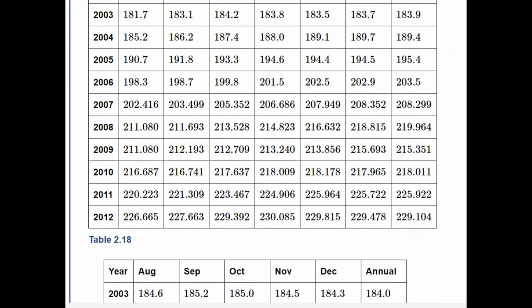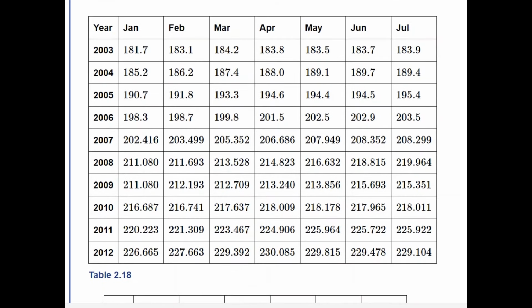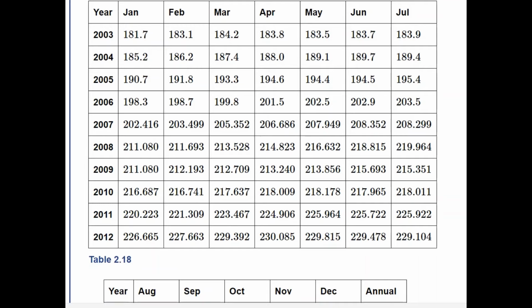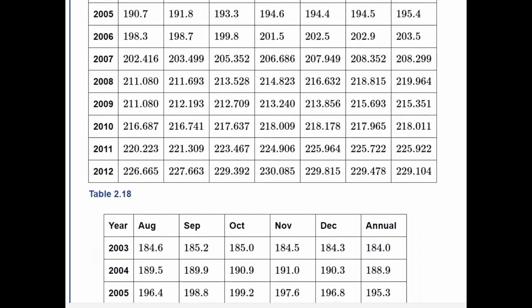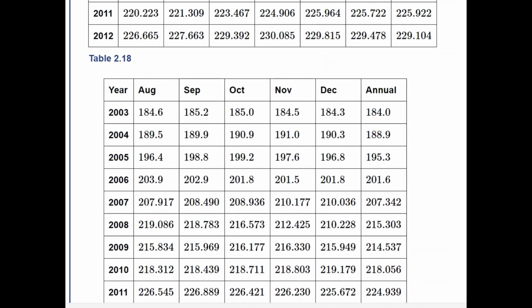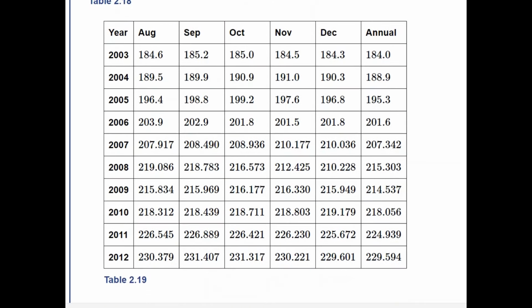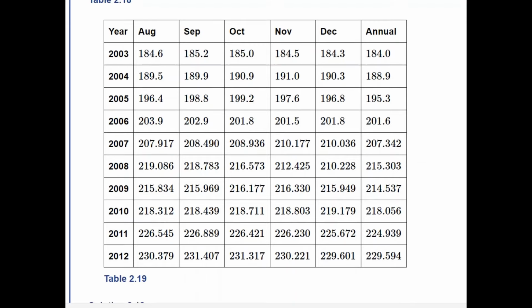All the months' data is included here, and you see that the minimum amount is 181.7, and the maximum goes up to 229 here in the first set of table 2.18. All of the values in table 2.19 fall below these two limits.